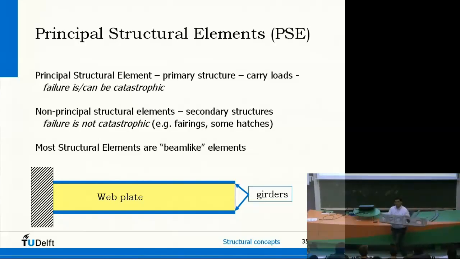Wing rib. You can see here, web plate, upper flange, lower flange, and it's again some kind of beam-like element. In this case you see a lot of holes. Those are for reducing the weight, and also a number of these stiffening elements.